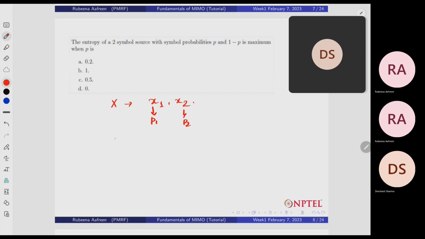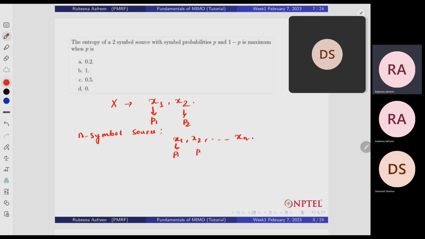Consider an n-symbol source. The symbols will be X1, X2 up till Xn, each one with probabilities P1, P2 up till Pn. So what will be the entropy for this n-symbol source? As we know, the entropy formula is minus summation i equal to 1 to n of Pi log to the base 2 of Pi.